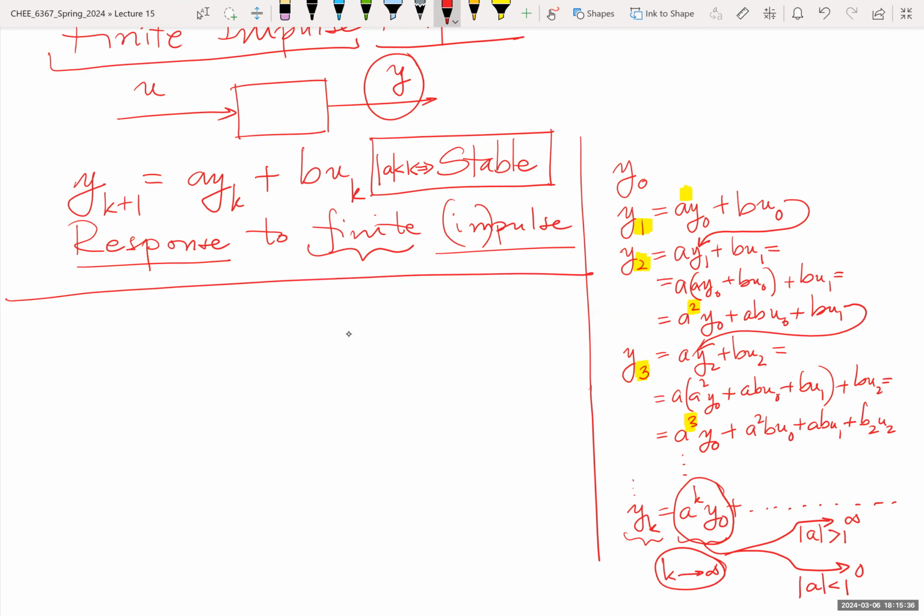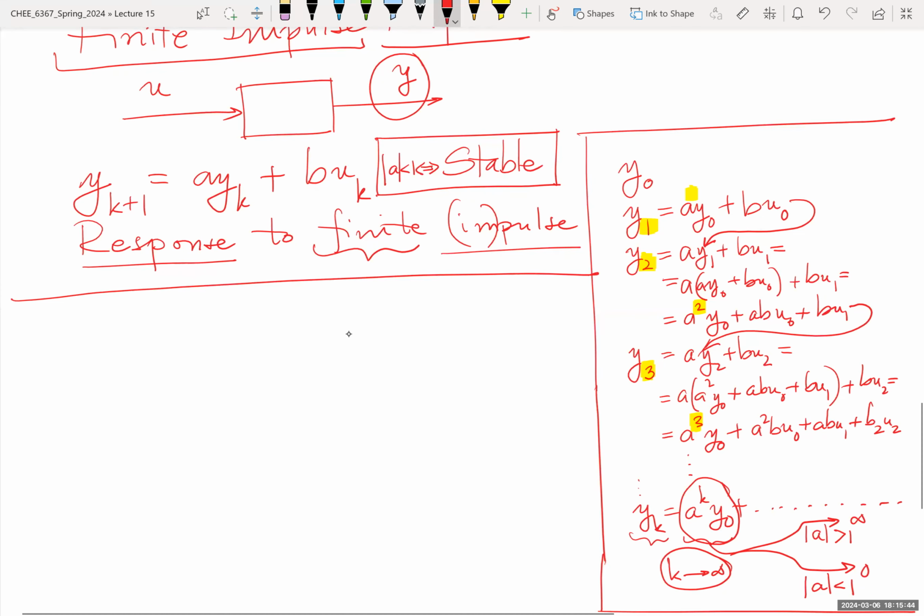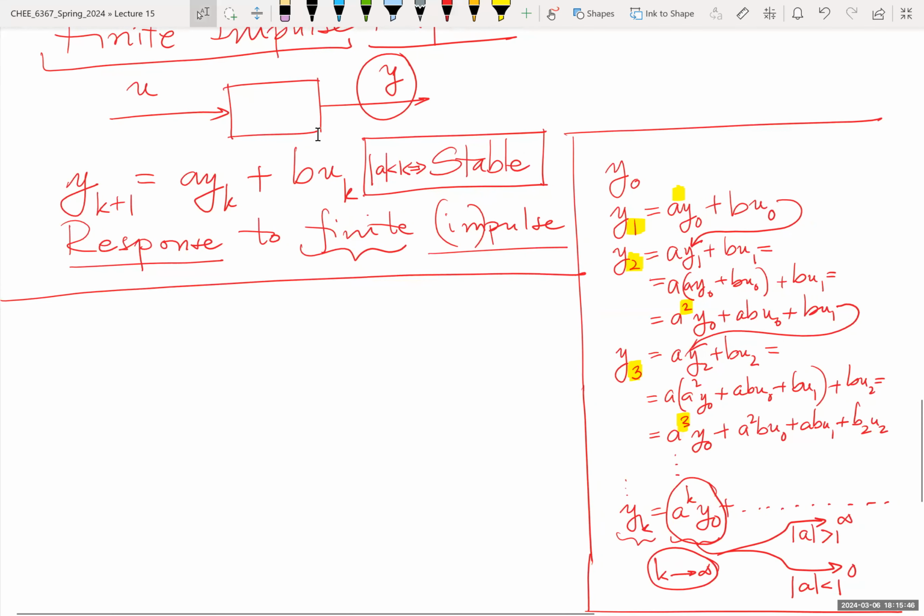So I'm putting this background exercise here, and we'll throw to this system a pulse. So uk is going to be this pulse. Let me draw it first. So this is 0, this is k, and this is uk. 0, 0, something, and then again 0, 0, 0, 0.